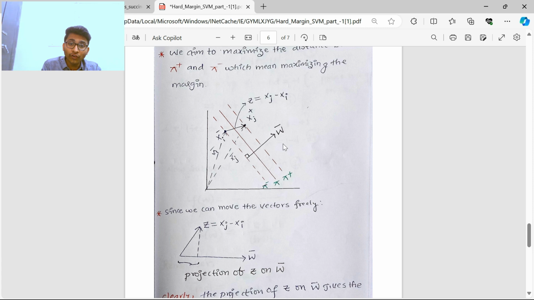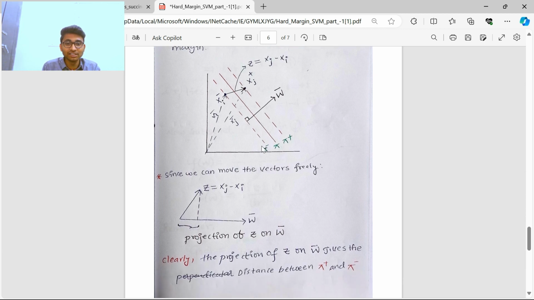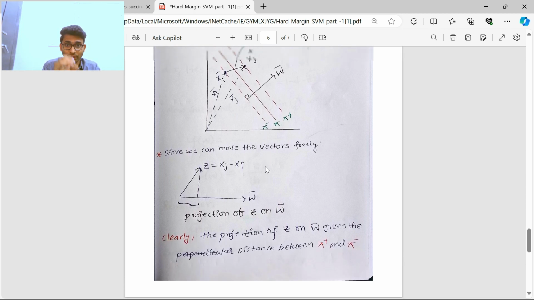Now if we are able to find the projection of this z on this w, we will get the perpendicular distance. Since we can move the vectors freely, we want the projection of z on w.